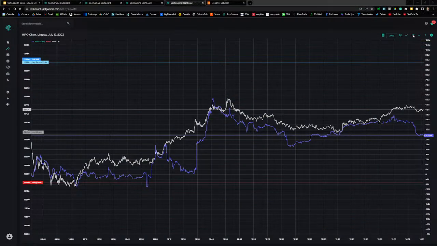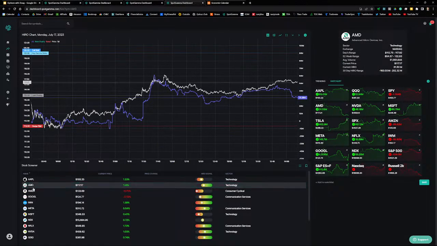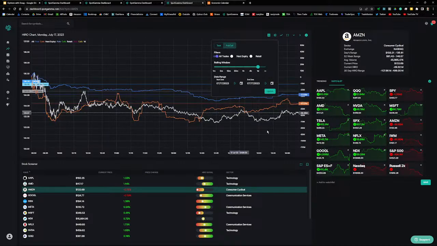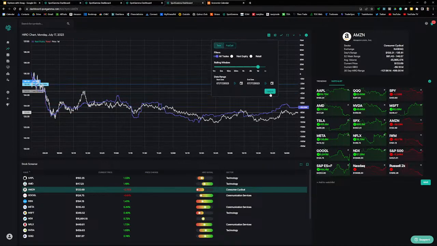Let's go to Amazon, separate out puts and calls. So the falling orange line shows that traders were selling calls. That's negative delta, they're selling calls. All right, so that's Amazon.